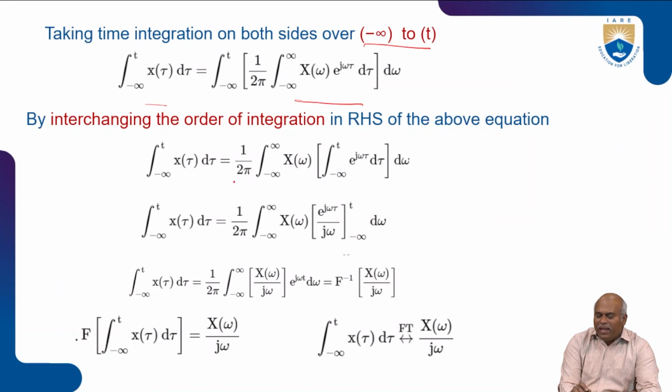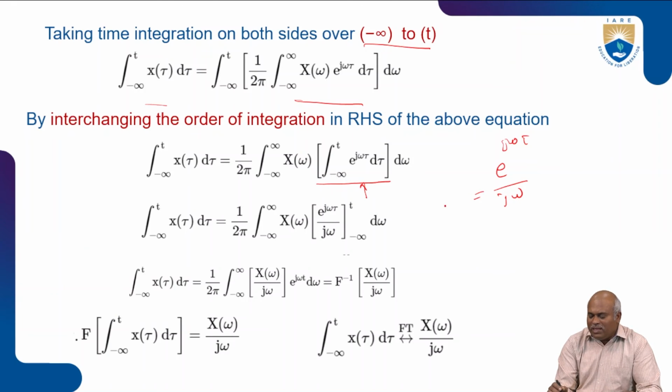So 1 by 2 pi I take out, integration of minus infinity to plus infinity X of omega I take out. The remaining portion is the integration from minus infinity to t of e power j omega tau d tau, into d omega. If we integrate this term, we get e power j omega tau divided by j omega.